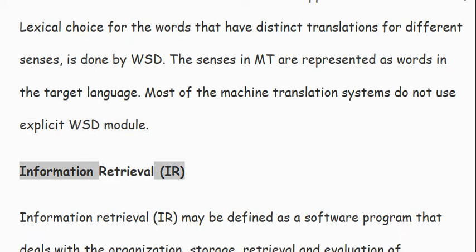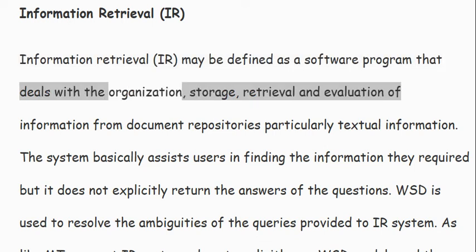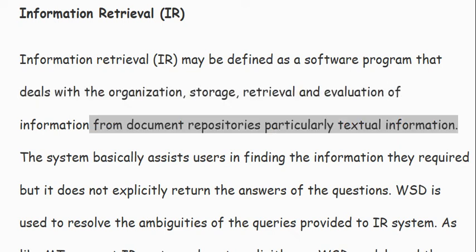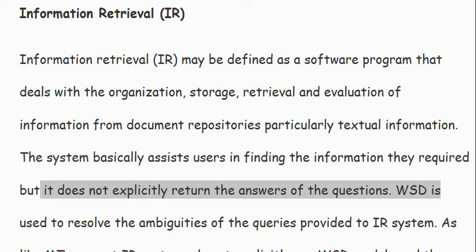Information retrieval, IR. Information retrieval, IR, may be defined as a software program that deals with the organization, storage, retrieval and evaluation of information from document repositories, particularly textual information. The system basically assists users in finding the information they require, but it does not explicitly return the answers to the questions.